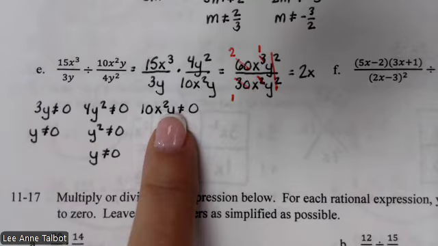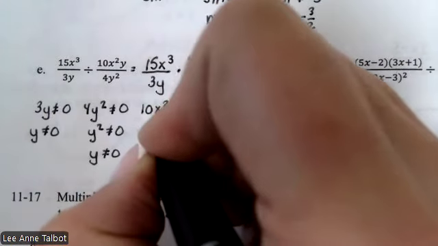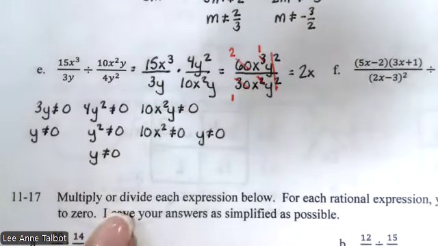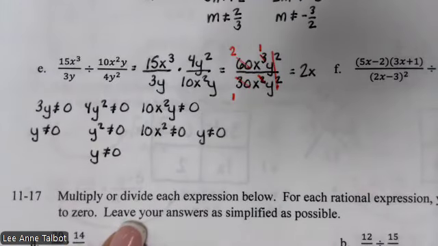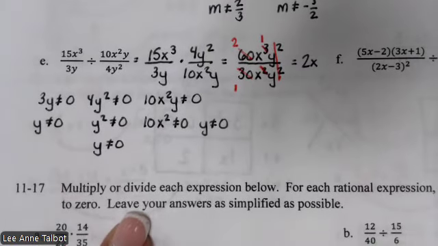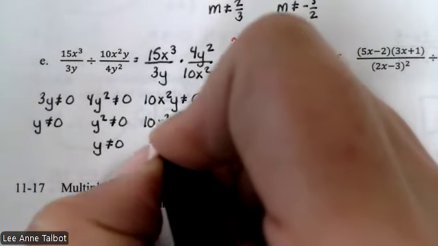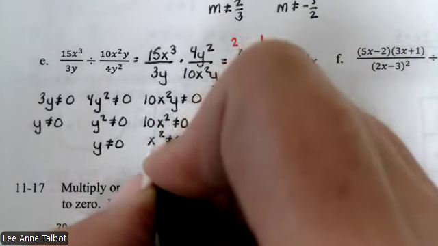Now this guy, because he has 2 letters, I'm going to break it up into 2. I probably already knew that y could not be 0. I'm really clear on this problem on the fact that y cannot be 0. What about x though? So divide by 10 on both sides. Square root both sides.